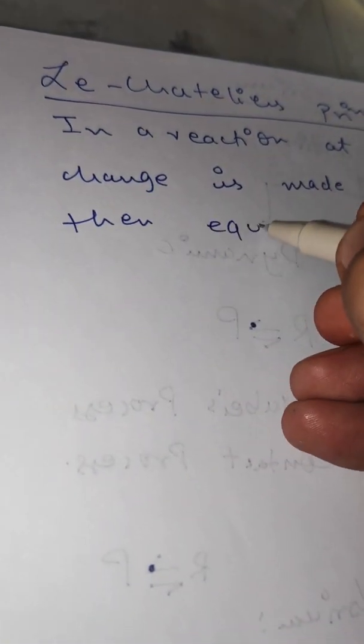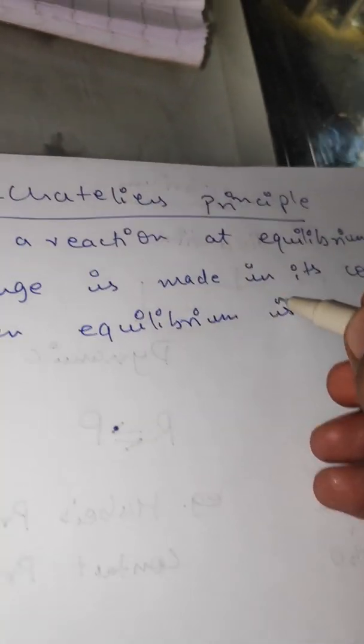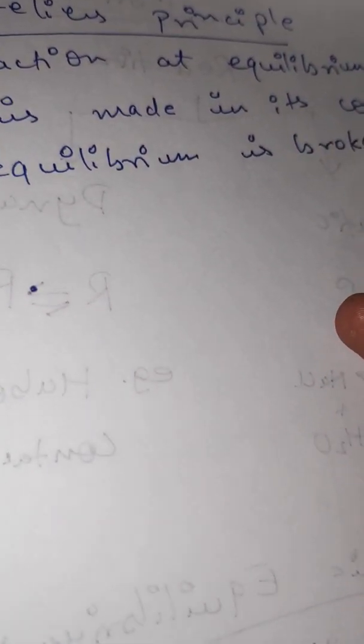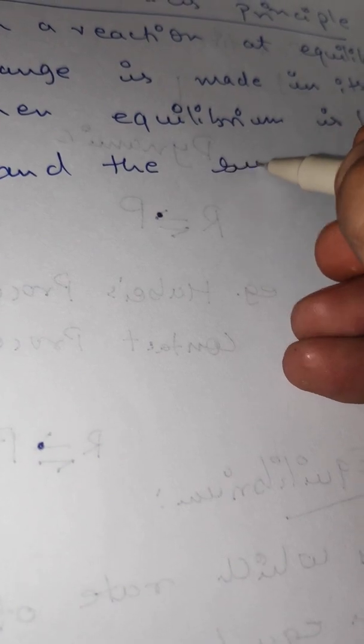Then the equilibrium no more exists, and the system opposes the change and tries to reset the equilibrium.